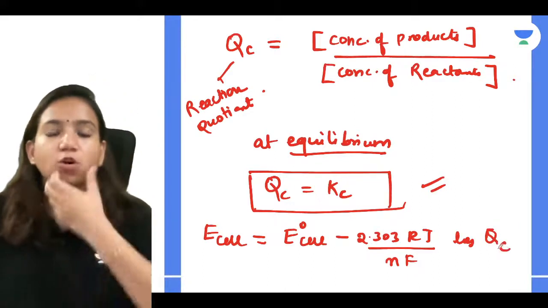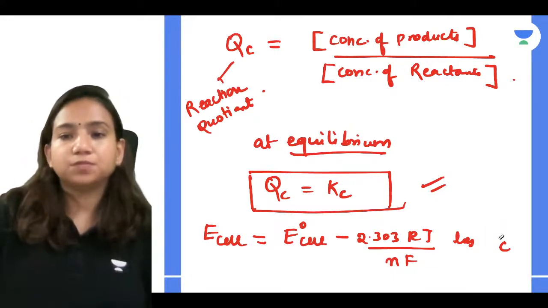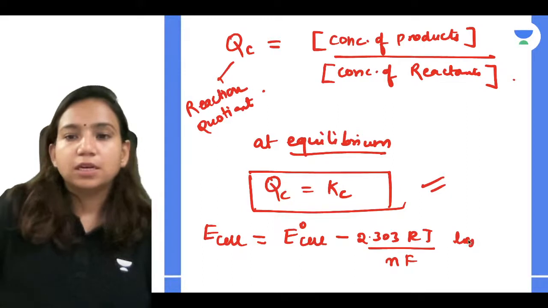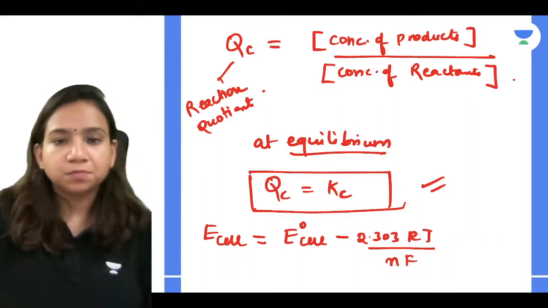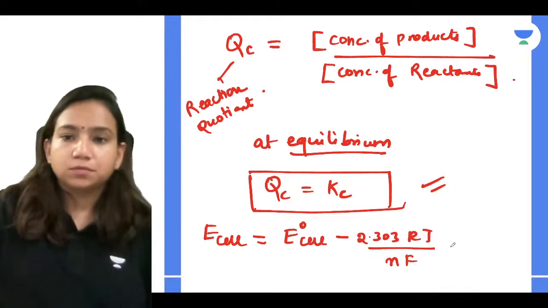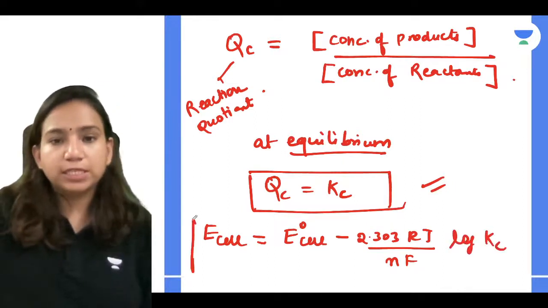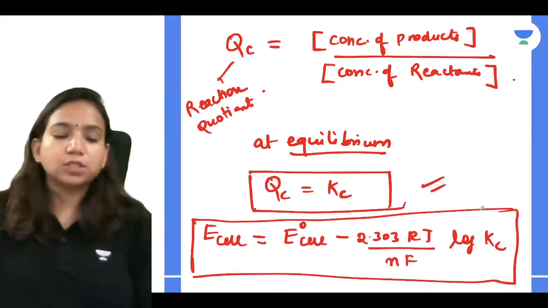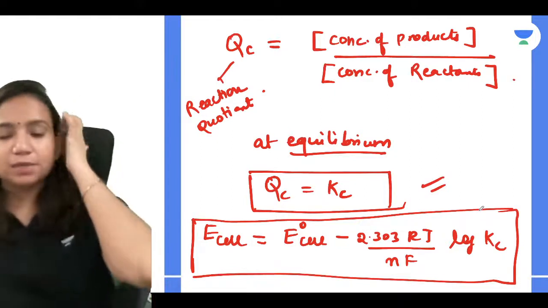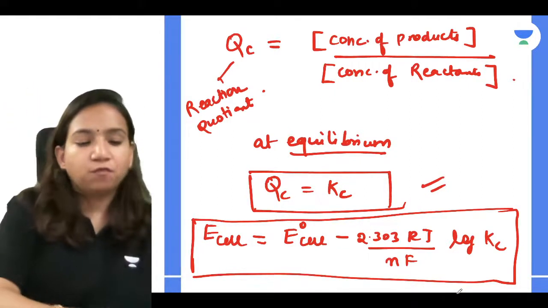So we can write it as log Qc, and at equilibrium, instead of Qc, we can write Kc. So the relationship we get between Kc, the equilibrium constant, and E cell is: E cell is equal to E naught cell minus 2.303 RT by nF log Kc. Correct? Very good.